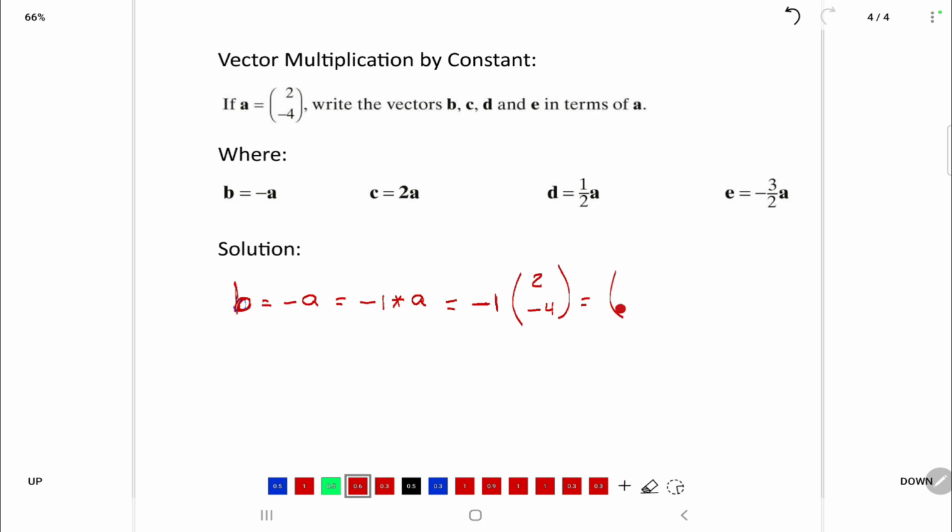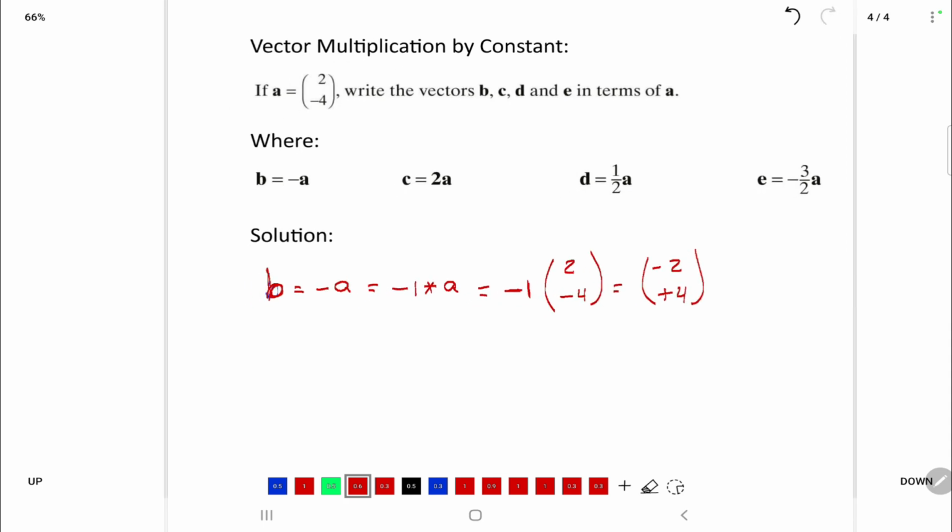So this will be minus 1 by 2, it is minus 2, minus 1 by minus 4, it is plus 4. So this is how we find B.